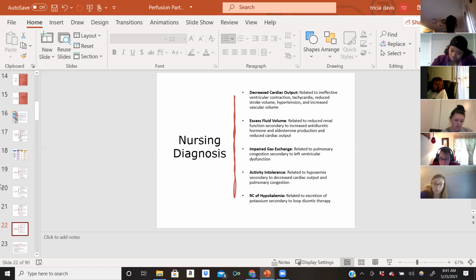We're going to see impaired gas exchange related to pulmonary congestion, secondary to that left ventricular dysfunction. Activity intolerance related to hypoxemia being caused by that decreased cardiac output and then that pulmonary congestion. And then risk of hypokalemia related to the excretion of potassium secondary to those diuretics that we're giving.